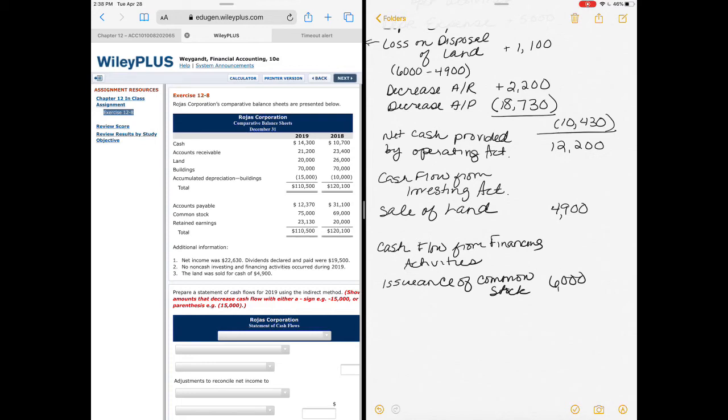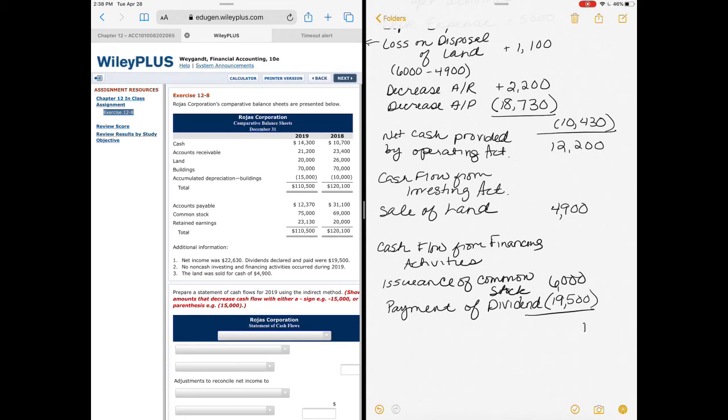And then in number 1 down here, besides telling me about my net income, it also says that I paid dividends. Dividends are part of that financing. So I'm going to include my payment of dividends. And that's a cash outflow, so I'm going to subtract that.